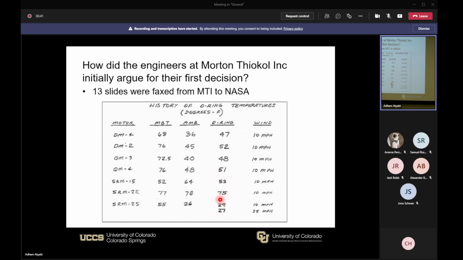So, for example, the temperature chart reports data for two development rockets that are marked by DM, two qualifying motors marked by QM, two actual launches with blow-by, and the Challenger's RM25 forecast.